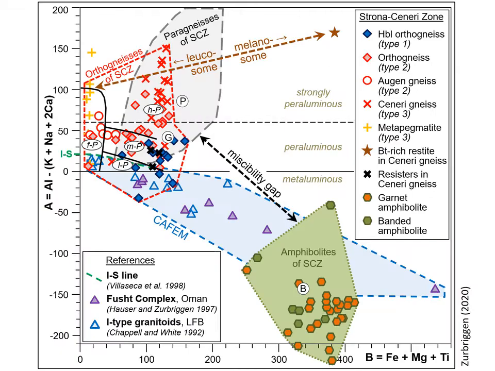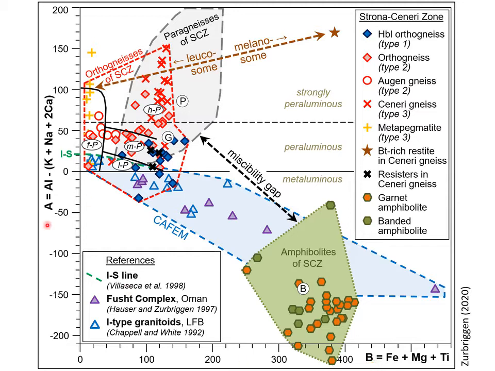Now, how can we explain these peraluminous magmatic suites with very rare mafic members? For that, I'd like to introduce you to the A-B diagram of Debon and Le Fort, two French geologists who developed this chemical discrimination diagram for magmatic rocks.